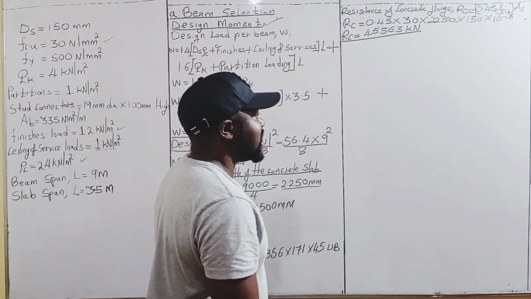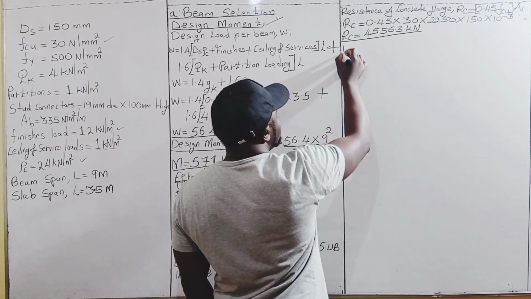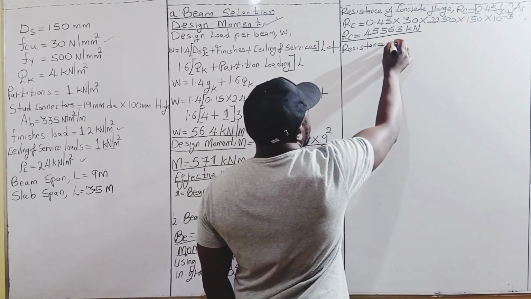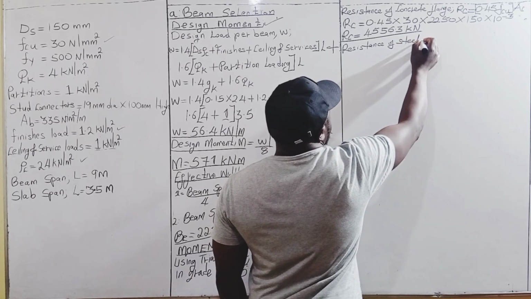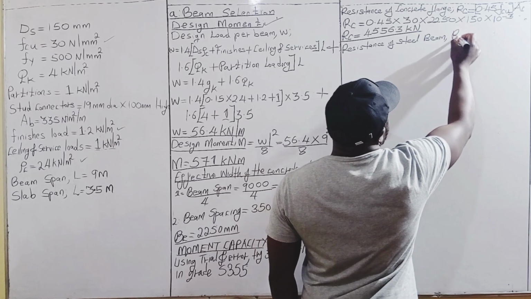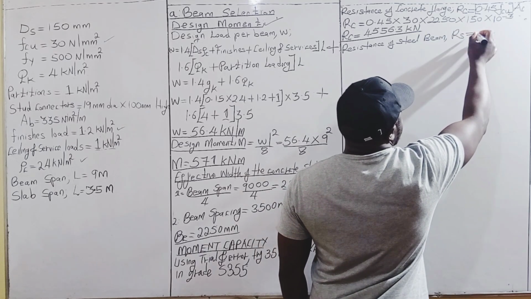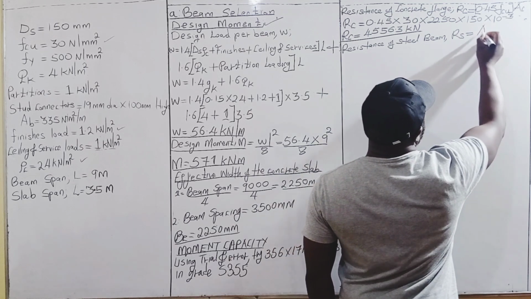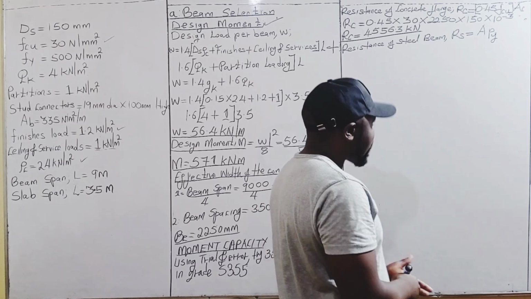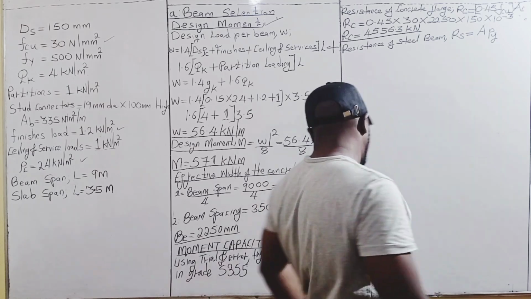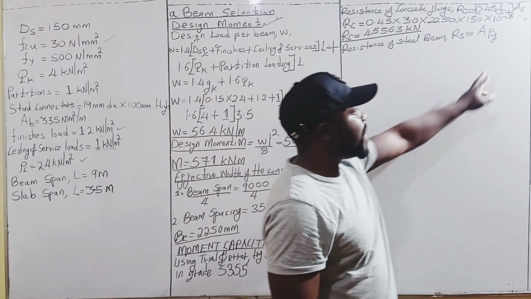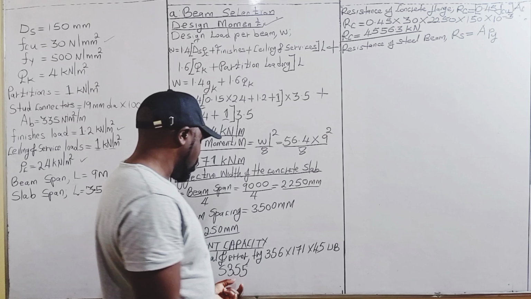From there, we are going to determine the resistance of the steel beam. Therefore, we calculate the resistance of the steel beam. And in this case, that is denoted by RS. And RS is given by A multiplied by PY, whereby A is the area of the selected beam section and PY is the design strength of steel.